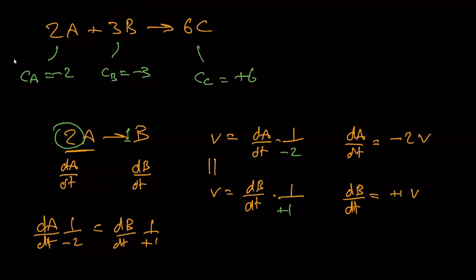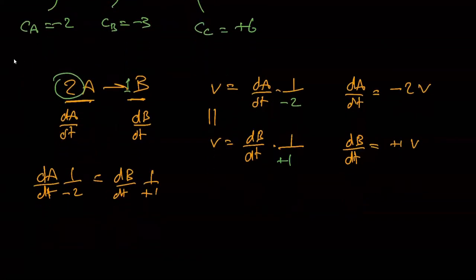A is disappearing at twice the rate of B as B is appearing, because for every B that appears, 2 A's disappear. Right? So generally, we will always talk in terms of reaction rates, although when it comes to measuring what actually is changing, we then talk about the dx by dt.